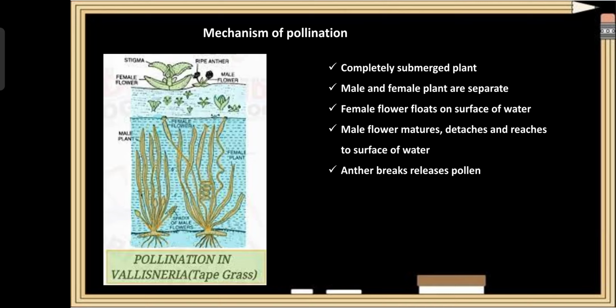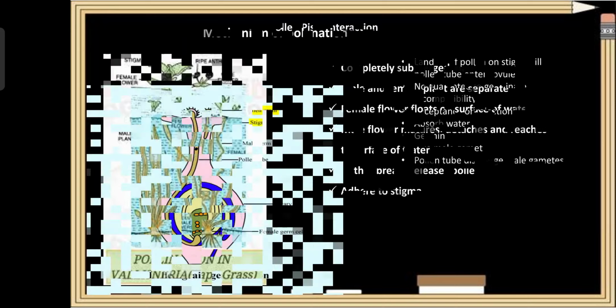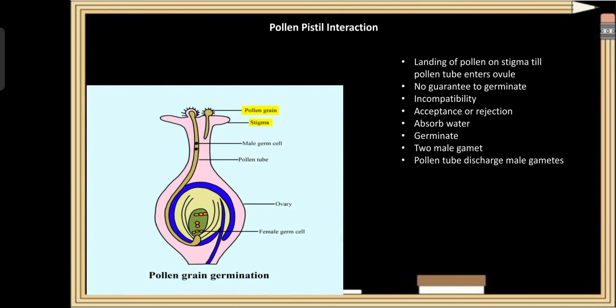So these pollen grains are sticky in nature. Hence, they adhere to the exposed stigma of the female flower, and thus it brings about the act of pollination.